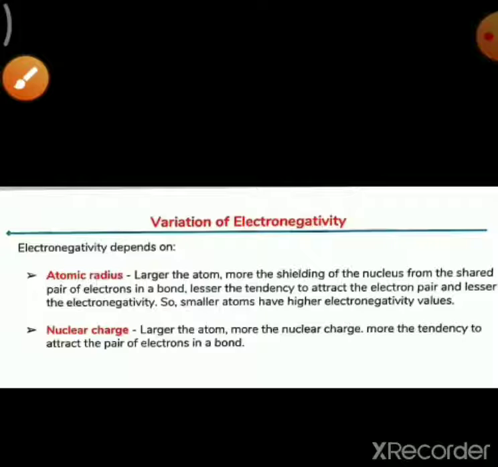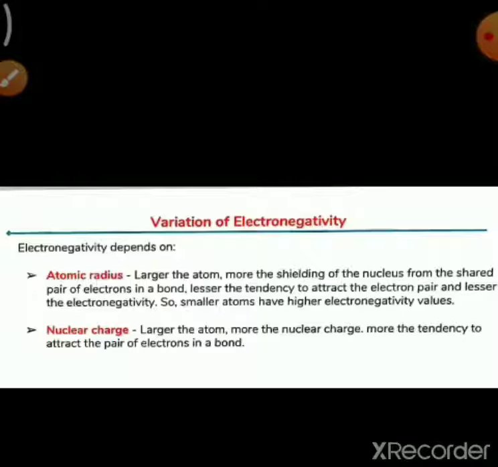Then, variation of electronegativity. As with the previous properties, it depends upon two factors, that is atomic radius and nuclear charge. The larger the atom, the more the shielding of the nucleus from the shared pair of electrons in a bond, the lesser the tendency to attract the electron pair and the lesser the electronegativity.